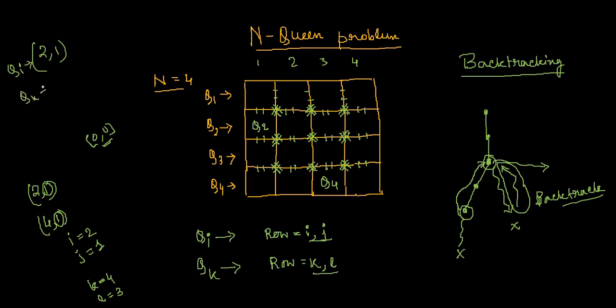And for queen K, it will be something like 4, 3. Obviously here j is not equal to l, but still there is a collision because they are in a diagonal, a right diagonal. So how will you identify that they are in a diagonal?